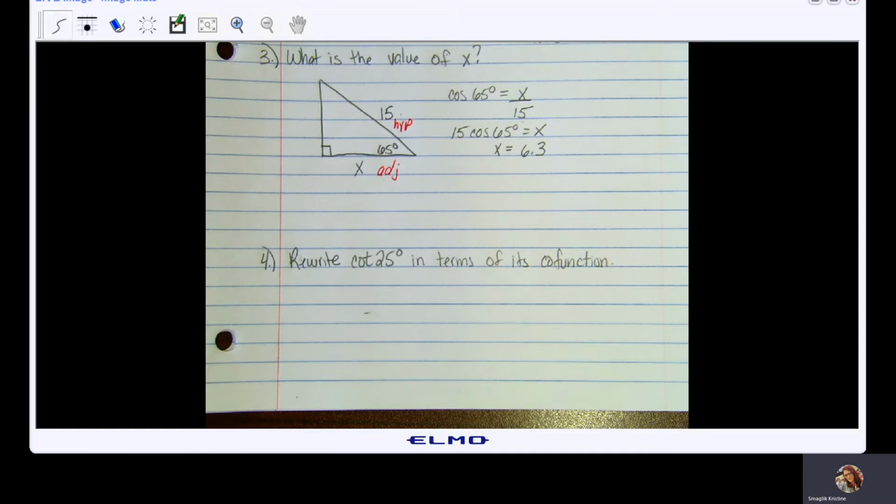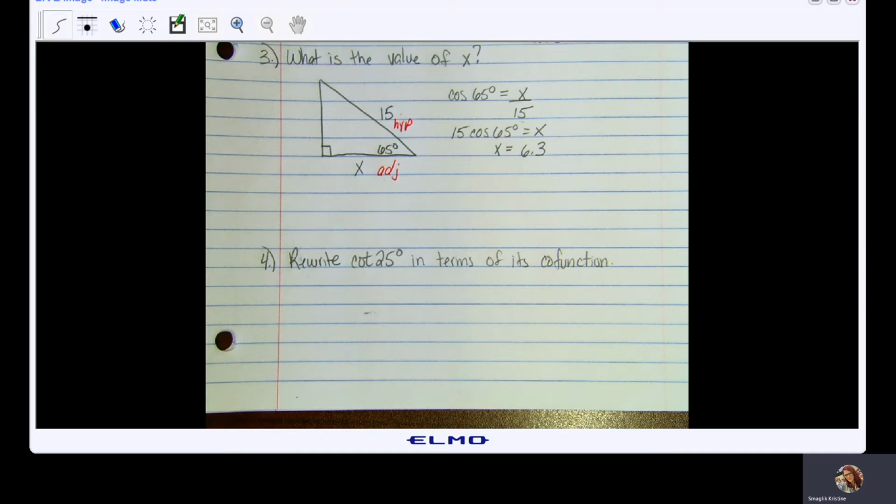And last thing out of topic 7.1, we're going to rewrite cotangent of 25 degrees in terms of its cofunction. So remember those cofunctions and think of that word co. You have sine and cosine are cofunctions, secant, cosecant, tangent, cotangent. And those cofunctions also have that complementary angle relationship.